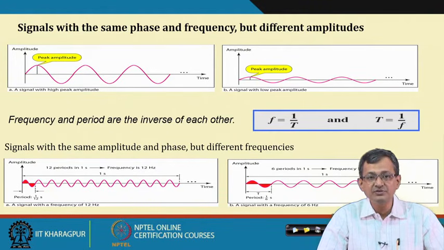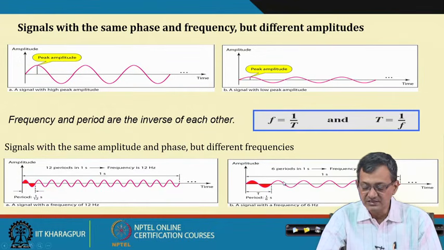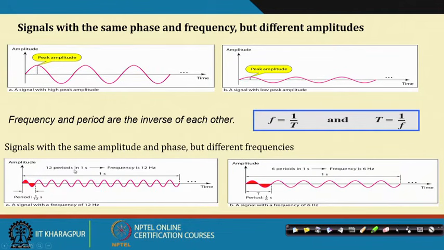Signals with same amplitude and phase, but different frequency may happen. Like this signal has repeatability higher than this, like here 6 periods in 1 second, here 12 periods in 1 second. So, here frequency is 12 hertz, here 6 hertz, right. Hertz is the unit of frequency, you will know.